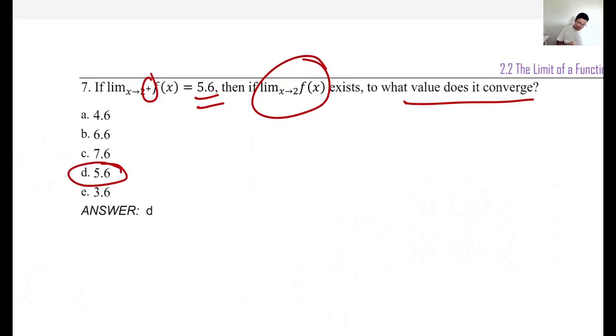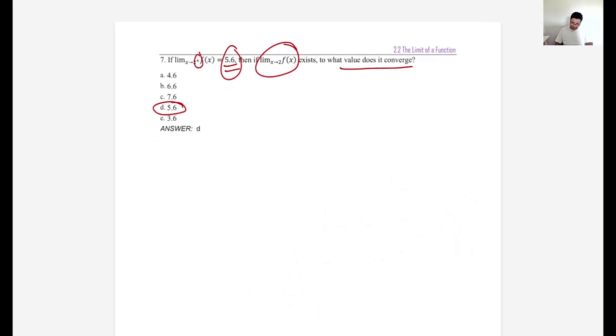The answer is 5.6, the same. Why? Because if the limit exists, then that limit should be the same as the left-hand limit and the same as the right-hand limit. That is when the limit exists, in fact. So when it exists, all of them will be equal. That is the idea. If they were not equal, you would not say the limit exists.